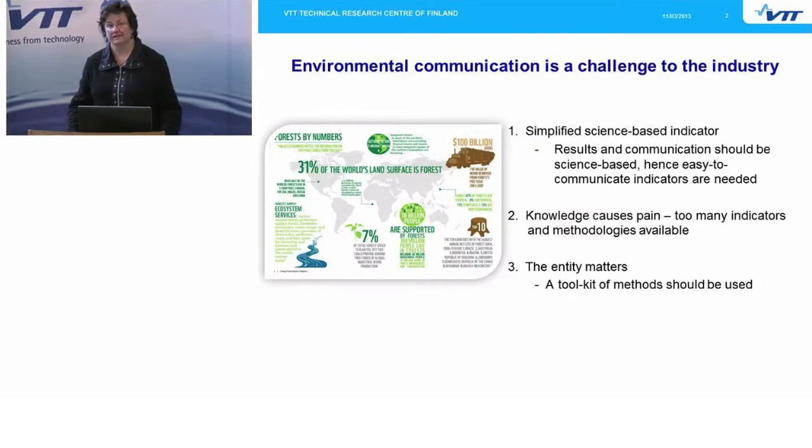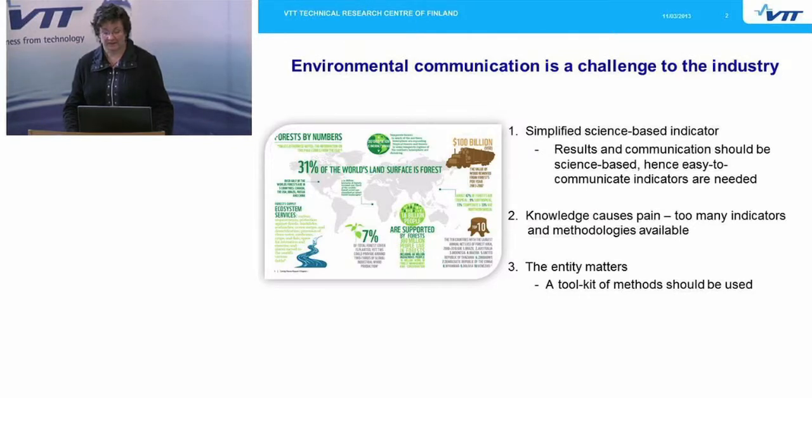And secondly, we have so many indicators and methodologies available now that the knowledge really causes pain. On the left-hand side, you can see a map of how forestry information, for instance, can be informed. So there are several ways to choose.